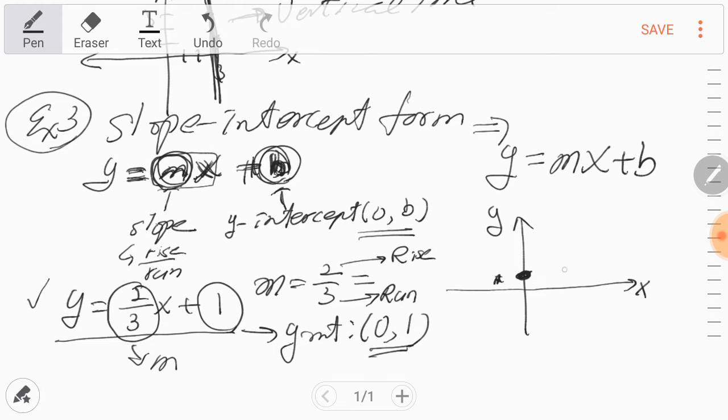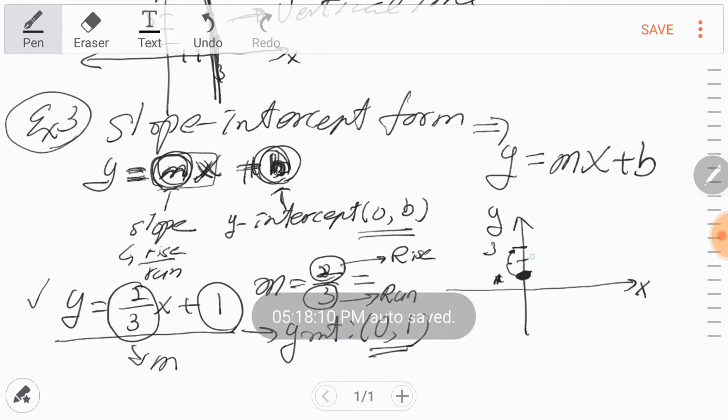So here's the first point. The value of the rise is 2, so I'm going to go 2 units vertically up. Positive means go up. And the horizontal distance is 3. Positive 3 means move 3 units horizontally to the right.